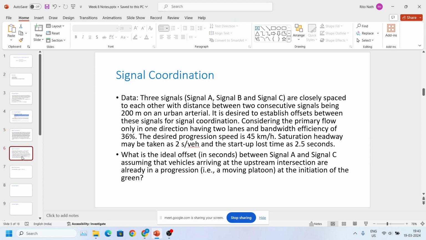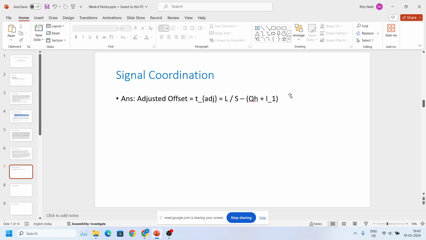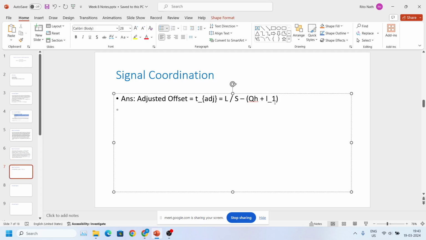L is the distance between the signalized intersections of the two signals. So it's L equals 200 meters.